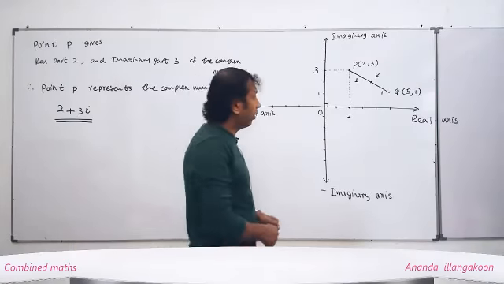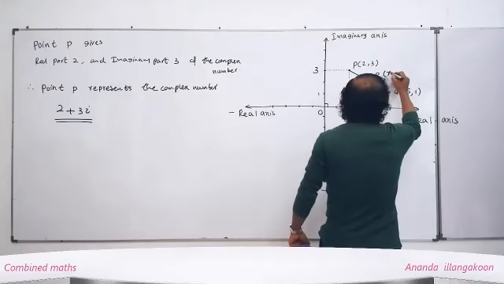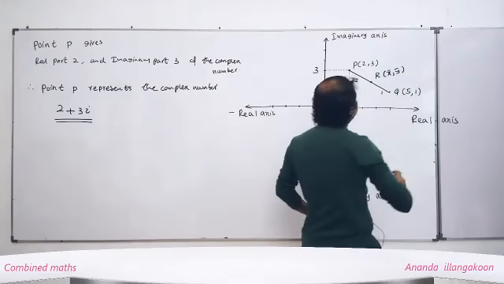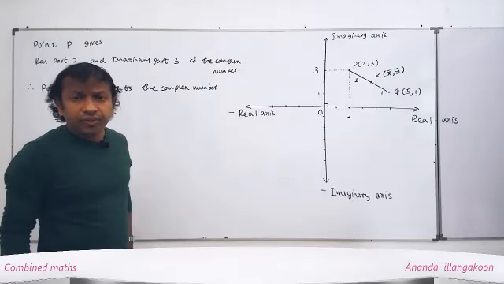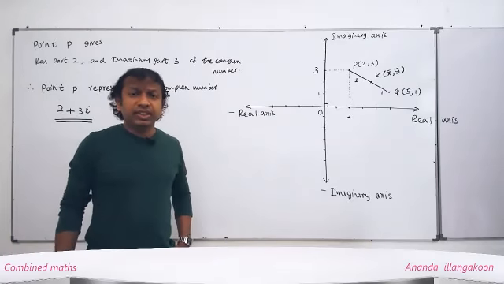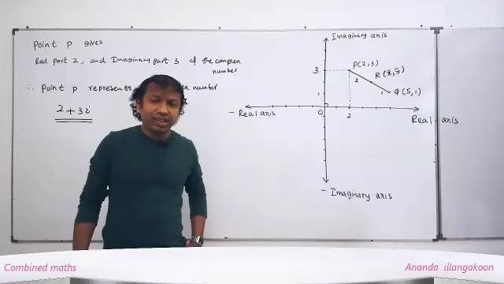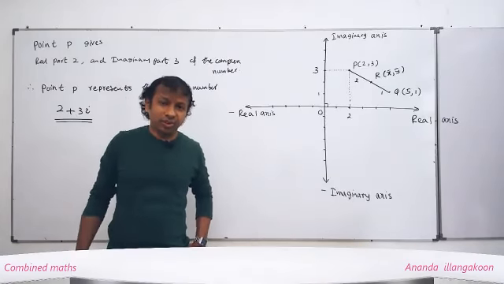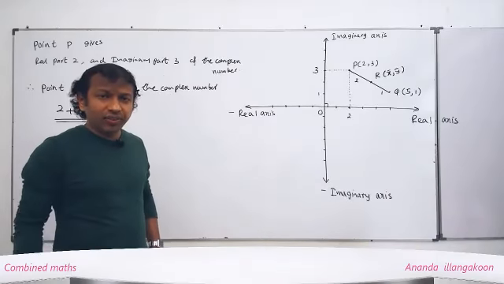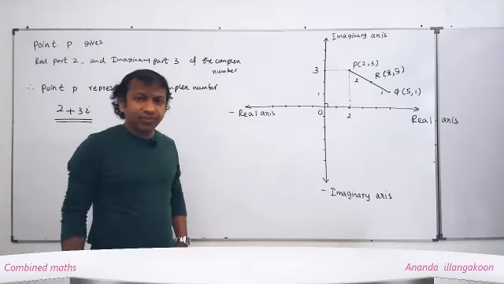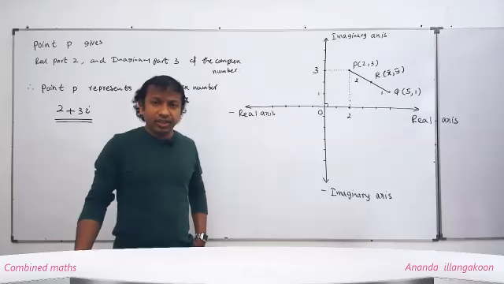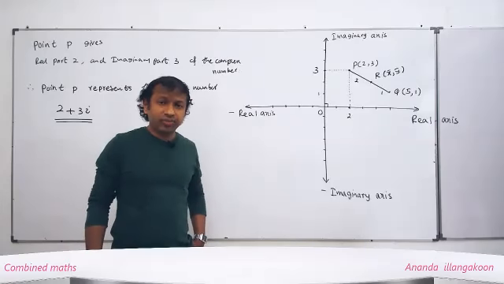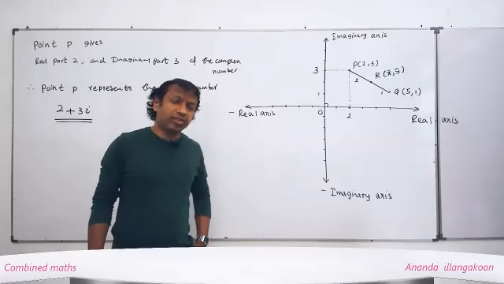If I take the real part and imaginary part as x bar, y bar: if we ignore the real axis and imaginary axis, this is nothing but the Cartesian coordinate plane. Then x bar, y bar are the x and y coordinates of the point R. Then you can suggest a method of finding this x bar, y bar.